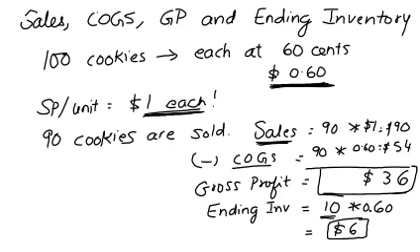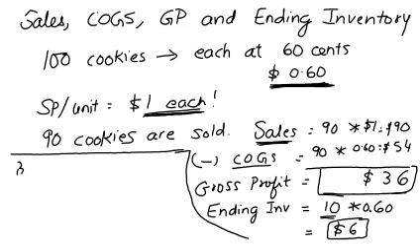Now, if we were to translate this into an equation, the company started with beginning inventory of 0, purchased 100 cookies.